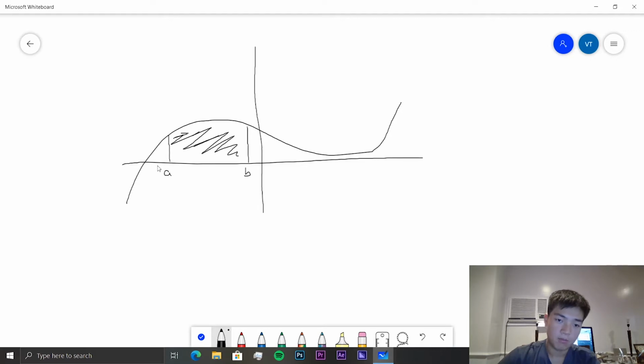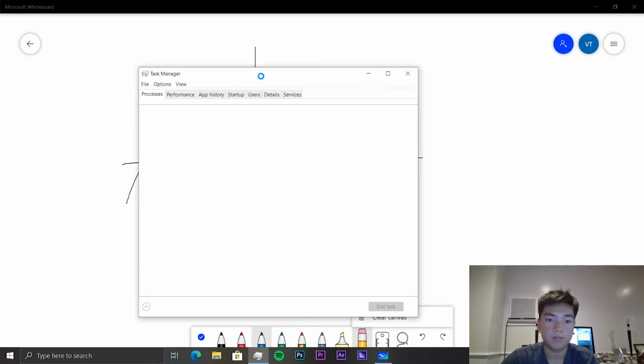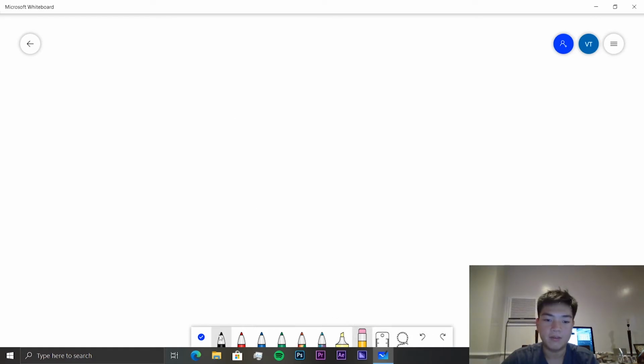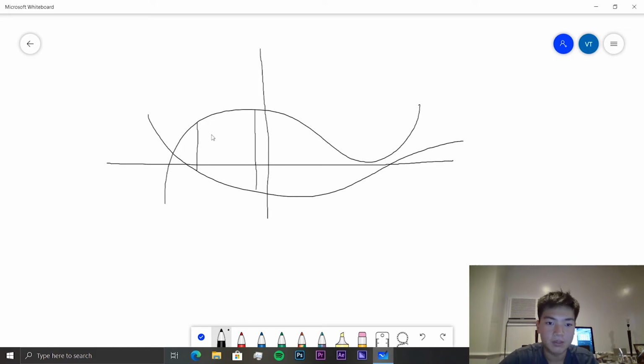And so we can extend that if we're getting the area sandwiched in between two curves. For example, we have two curves that look like this. If we get the integral from A to B of the difference between the two curves, then it will give us this area.